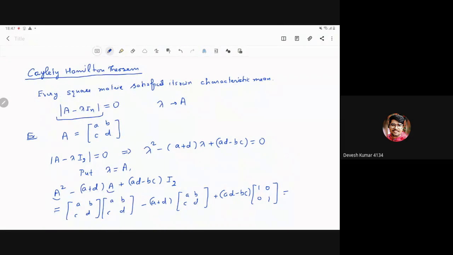If you simplify this, square it and add and all that, you will see that you have a null matrix. So this is how you can prove the Cayley-Hamilton theorem for a 2 cross 2 matrix in general. There exists a general proof for an n cross n matrix also. For the timing, do it for a 2 cross 2 matrix.